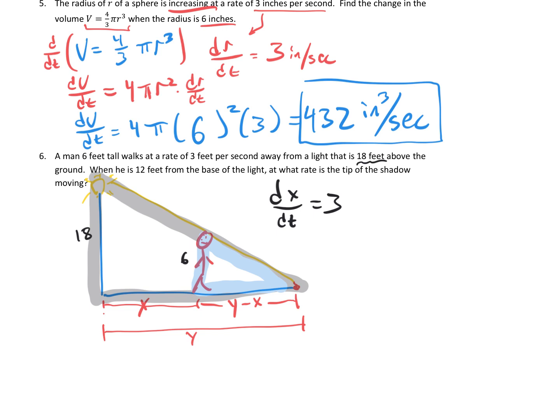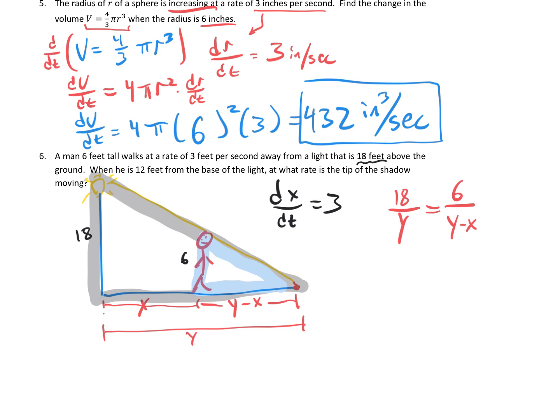All right, so let's make a proportion. We know the rise and the run has to be proportional to the small rise and the run. So the big rise, 18, over the full run y is equal to the small rise, 6, over the short run y minus x. You can make this proportion different ways. You could say 18 is to 6 as y is to y minus x. That would also work just fine.